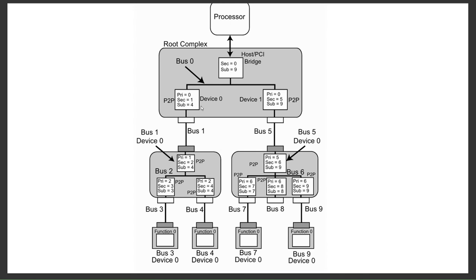So subordinate will be assigned as 4. The primary bus number is the bus on which this device is. And here, just below this device, we have bus 3, and this is the maximum bus number below this. So secondary and subordinate are the same.